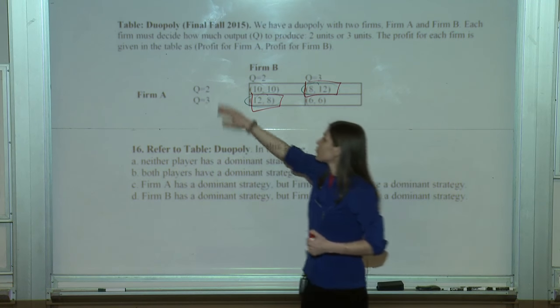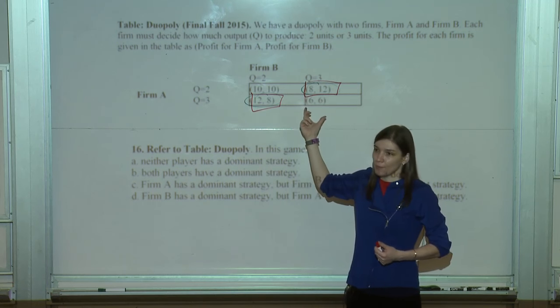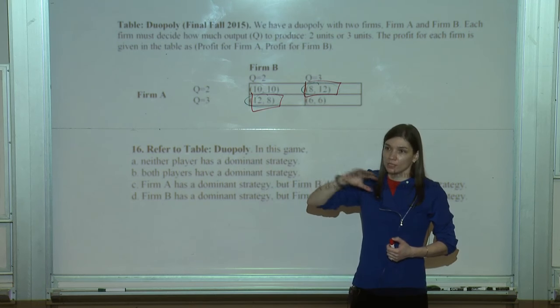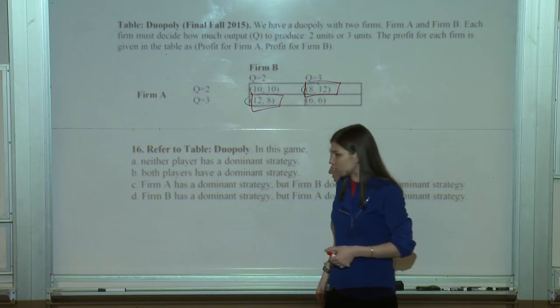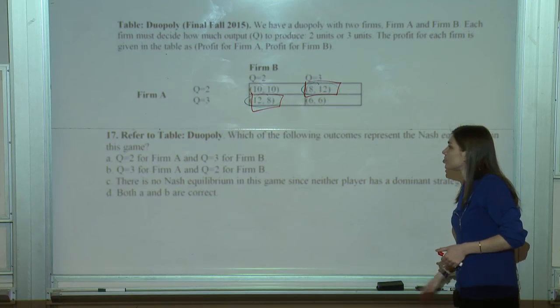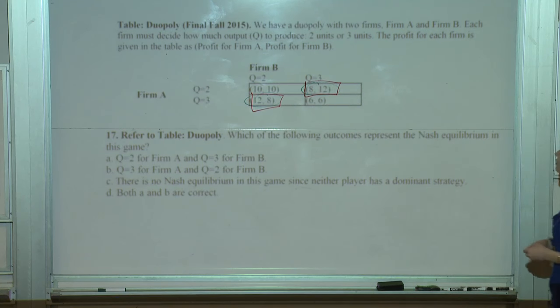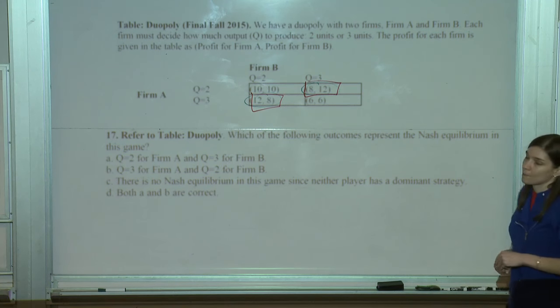They're going to choose either 2 or 3 depending on what firm B does. And the same is true for B. So in this case, neither player has a dominant strategy. It's A. And which of the following outcomes represent the Nash equilibrium in this game?